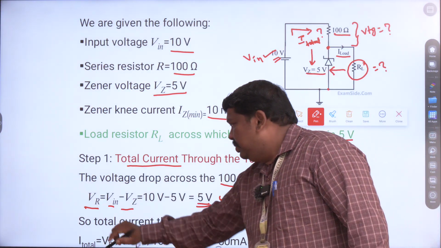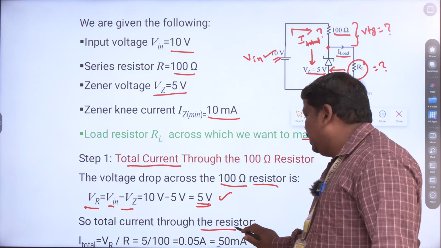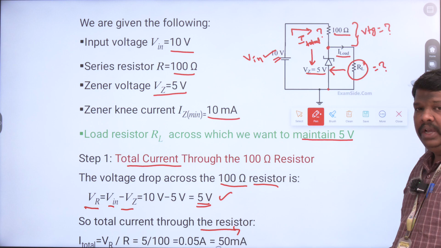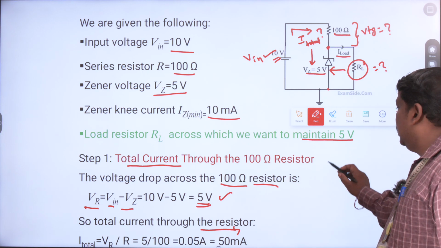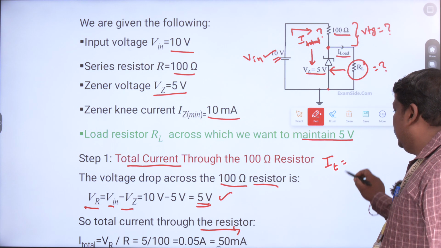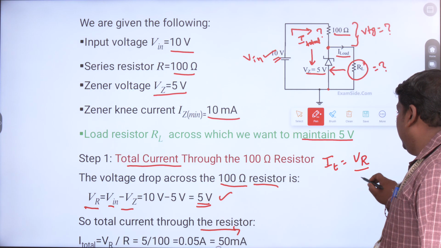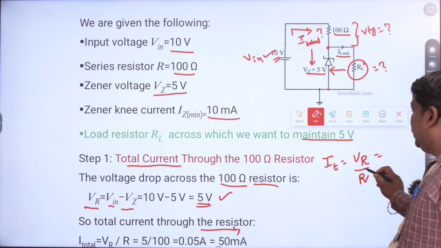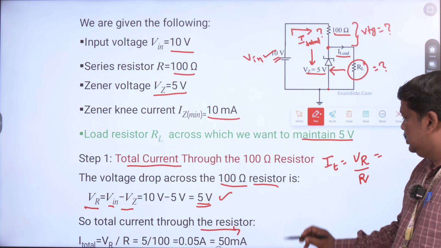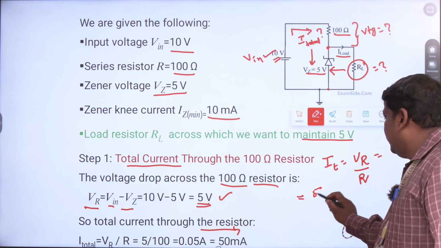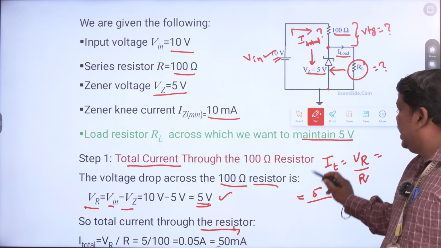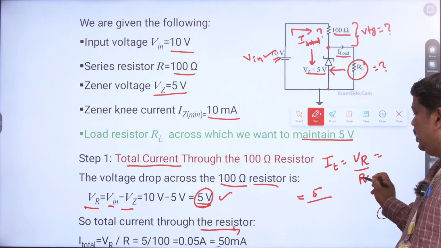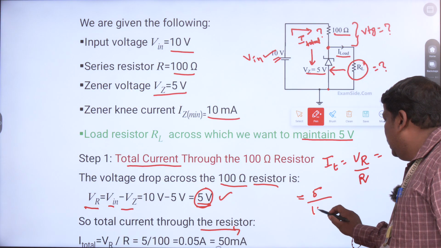Next, the total current through the resistor. We have calculated the voltage, so we can find the current. Your total current I total is equal to VR divided by the series resistance. VR, the voltage across your resistance, is 5 volts, divided by the series resistance of 100 ohms.